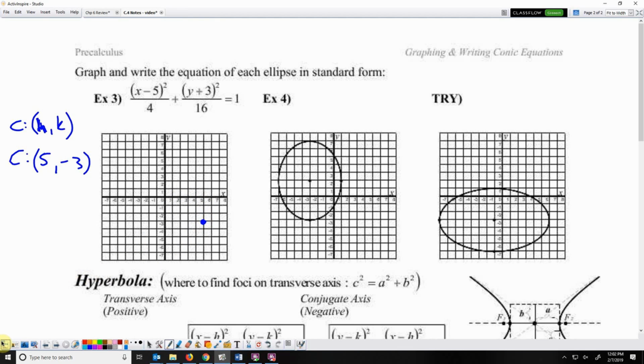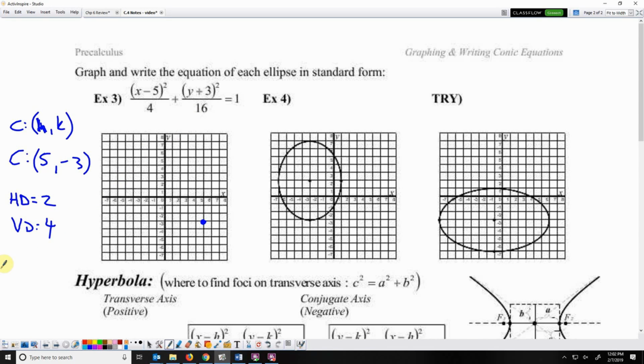Okay, then it has a horizontal stretch. Down here is 4, but remember in the equation, it said a squared. So that means the horizontal stretch, or the horizontal dilation, which is another word for that and one we actually use more often, so I'm going to put a D. The horizontal dilation is the square root of 4, which is 2, and the vertical dilation is the square root of 16, which is 4.